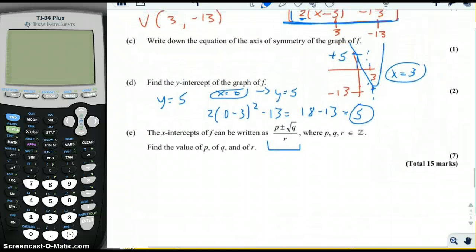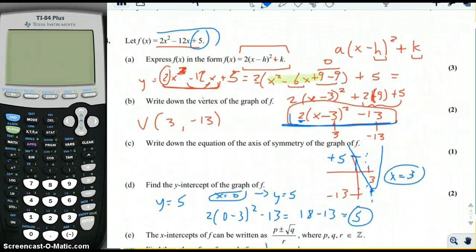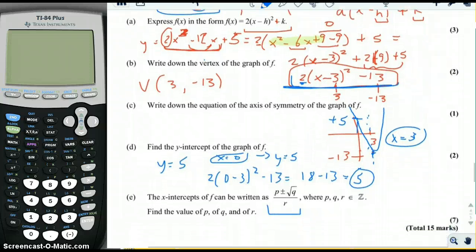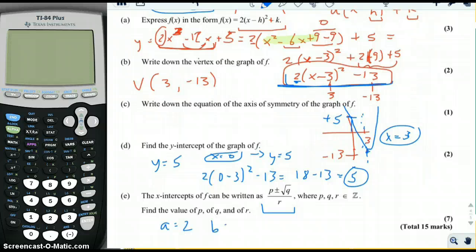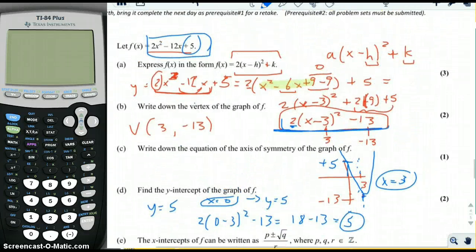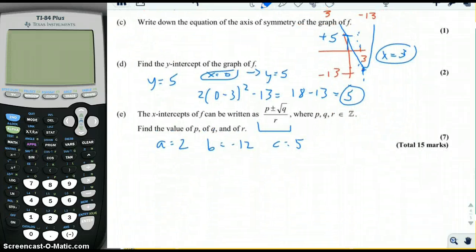Basically, here you could take the fact that you have the standard form, 2x squared minus 12x plus 5, and you could write down that a equals 2, b equals negative 12, c equals 5. And then you could just substitute these into the quadratic formula to find the x-intercepts.